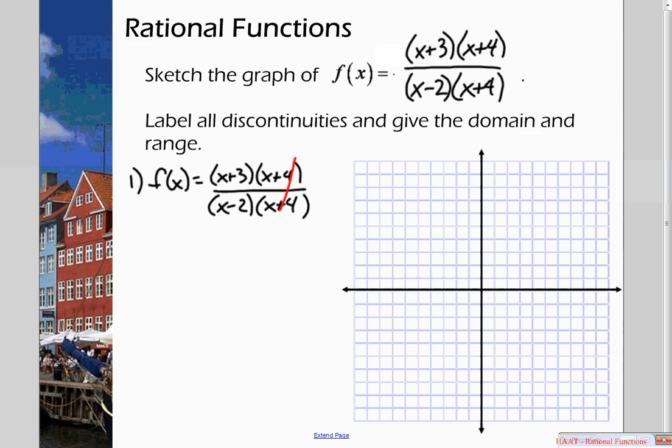Those go away. So you've got a removable discontinuity at x equals -4. So somewhere where we have x equals -4, we're going to have an open circle. We have a vertical asymptote at x equals 2. So I'm going to draw in my nice dotted line at 2.